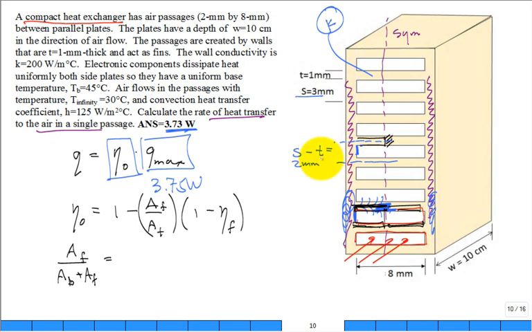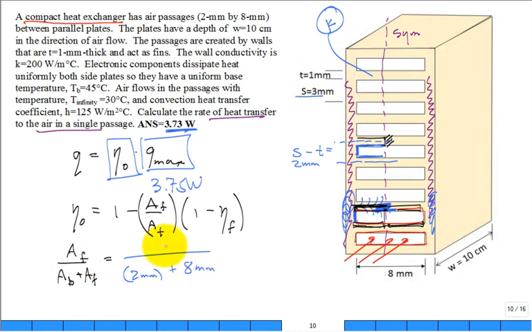So it's like this is the base, 2 millimeter. Then the area of the fin, well, we come out 4 millimeter, come out 4 millimeter. So it's like 8 millimeter.